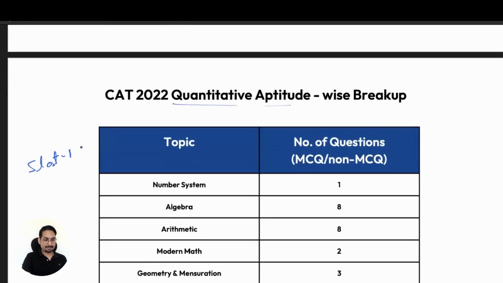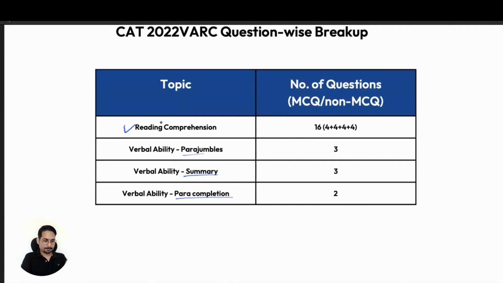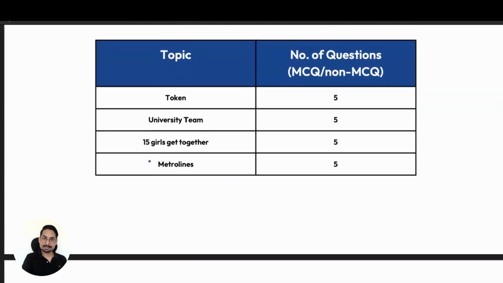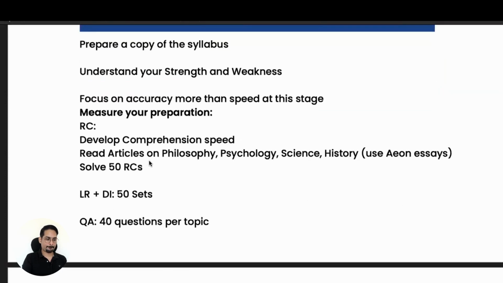So that was the purpose of me showing you this division of topics which has come in CAT-22 slot 1. 16 questions from RC, so you can understand how important it is to prepare for reading comprehension. So give a lot of importance to reading comprehension. Develop your comprehension speed. Comprehension speed means, usually students focus on reading speed.